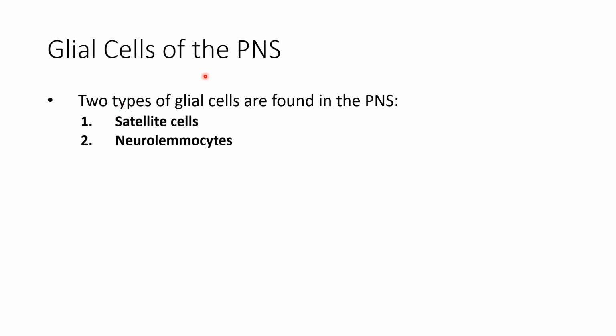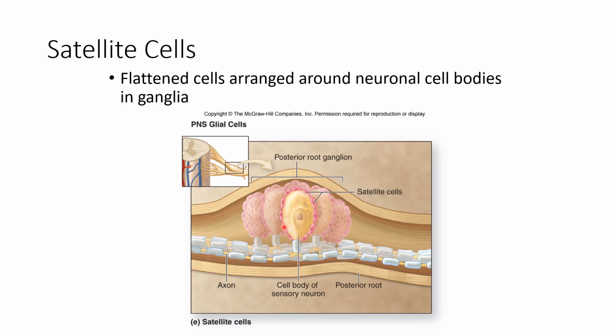For the glial cells found in our peripheral nervous system, we have two of them. We've got satellite cells and we've got neurolemmocytes. Our satellite cells are usually in our peripheral nervous system surrounding the cell bodies.